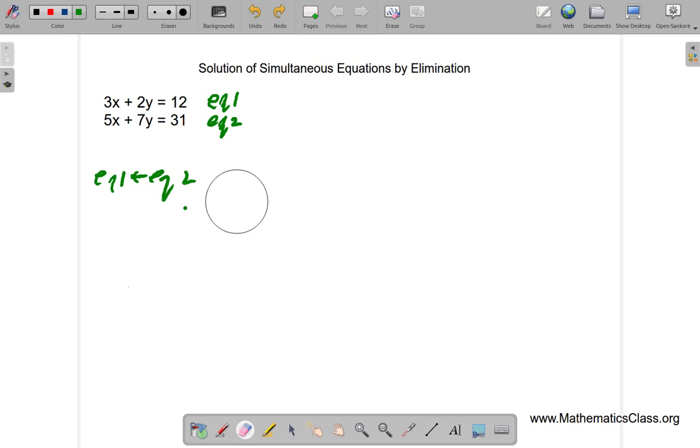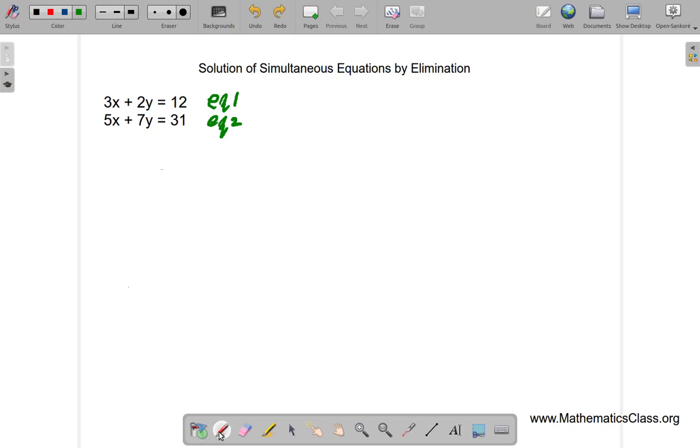Problem here. We cannot eliminate x or y by adding or subtracting these equations to form a new equation with one of them eliminated. So we have to go to another strategy, the next strategy in line.